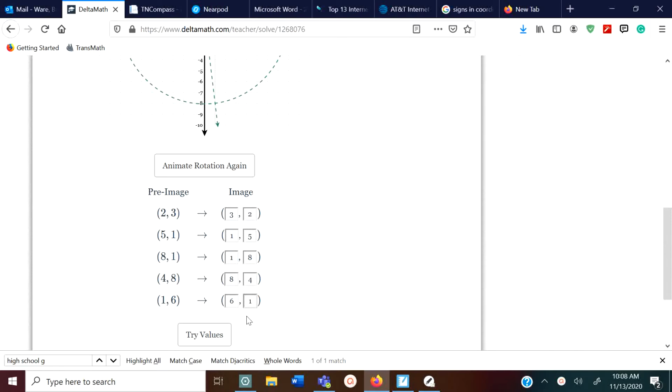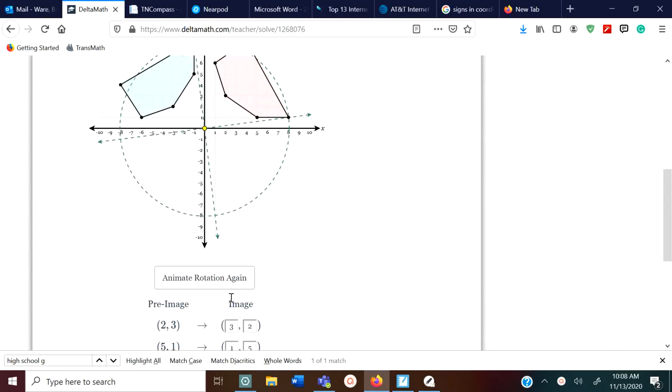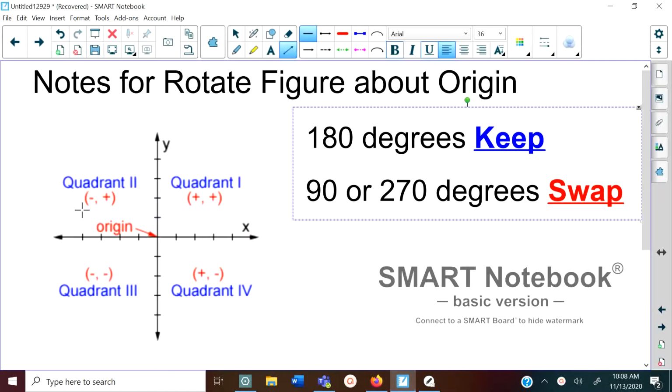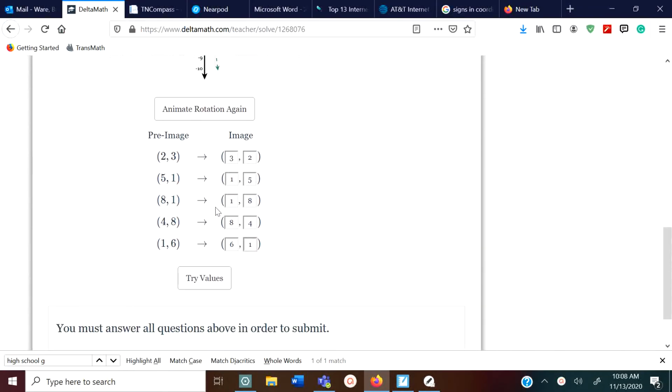I'm not done yet though. Now I'm going to go back and see which quadrant it's in. It's in this quadrant over here, and this is quadrant 2. And on quadrant 2, if we go back to the notes, it's negative and positive. So we're going to make them all negative and positive.